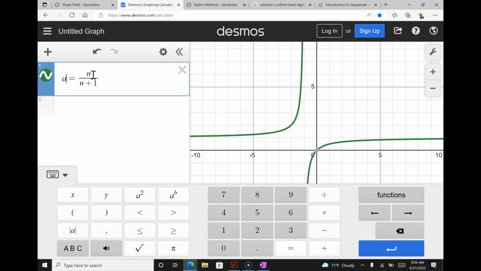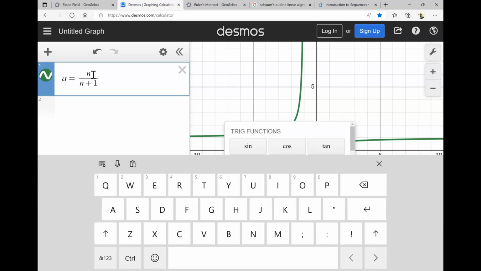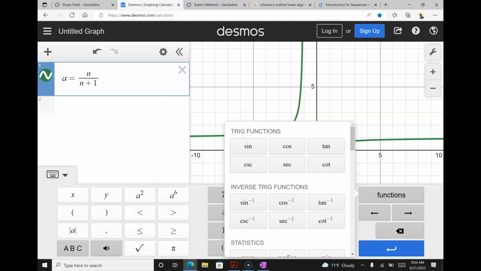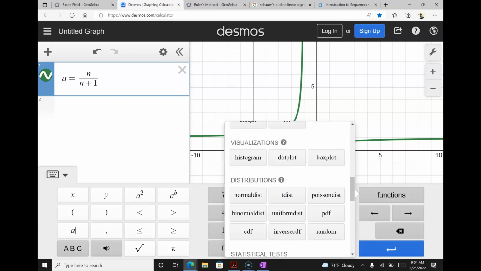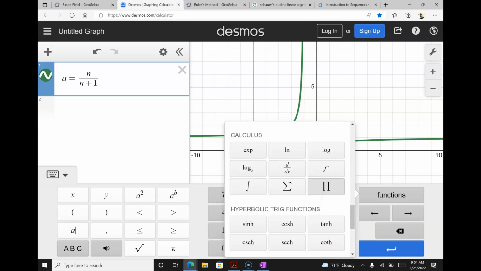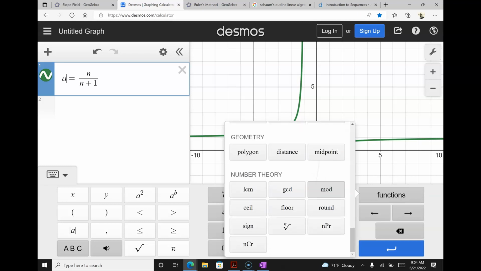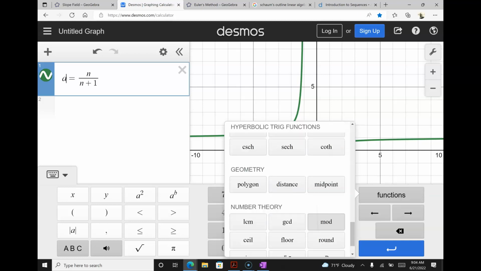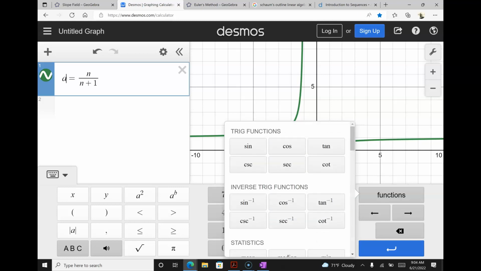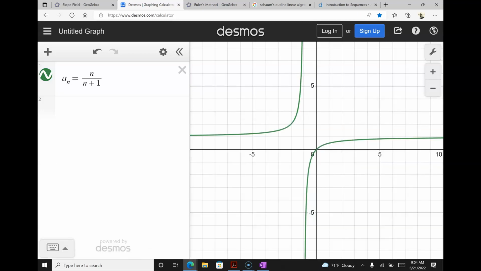So I want a subscript. Shift minus. Thank you. I found that out the hard way. Still not giving me the points.